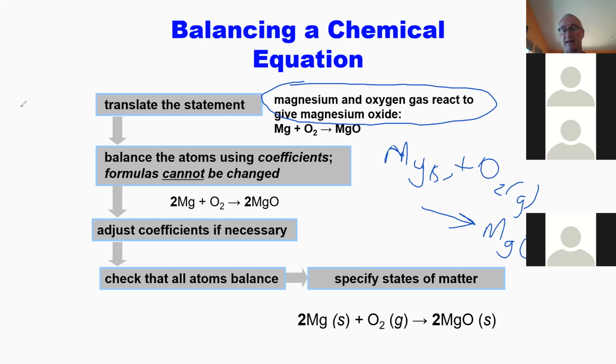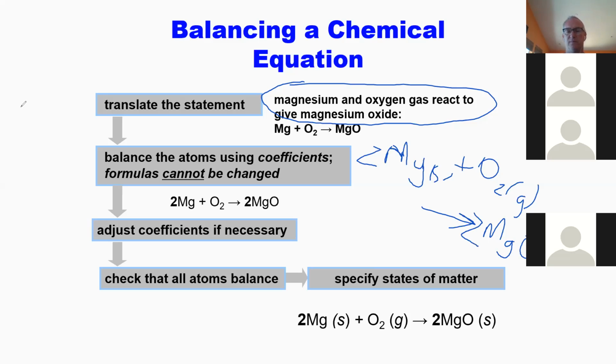Then you're going to have to realize that, oh, right, I need to balance this. There's 2 oxygens here, so this has to be 2. Now I need 2 magnesiums for every 1 molecule of oxygen. So adjust the coefficients, make sure that everything's balanced.